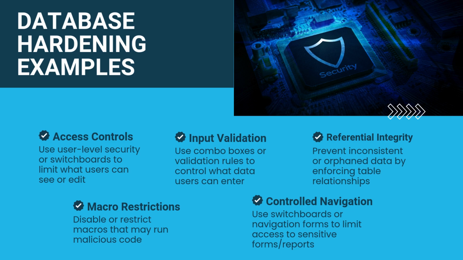Disabling or limiting macros helps protect against unauthorized code that could harm your data. Switchboards or navigation forms guide users to the right place and keep them out of sensitive tables or forms. Finally, set up user-level access control so that each user can only see or change what they're supposed to. Nothing more, nothing less.